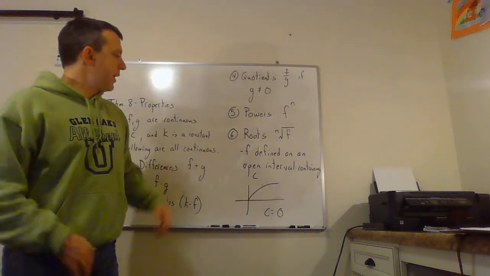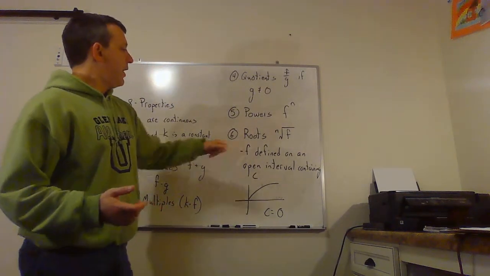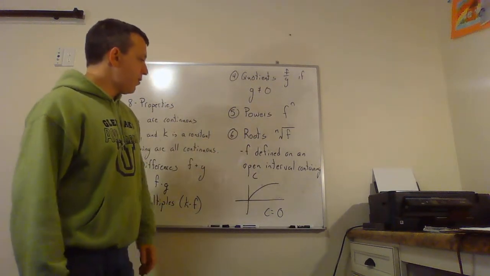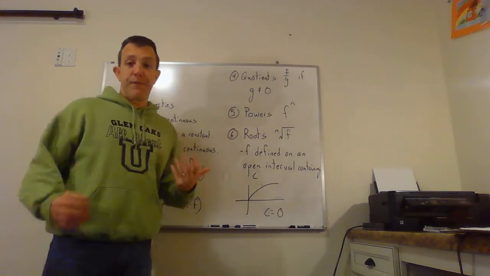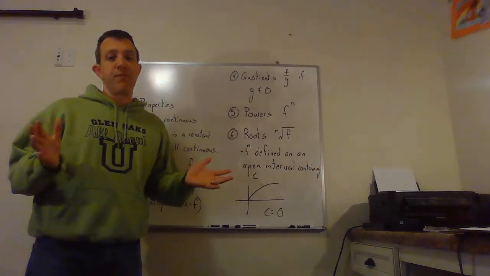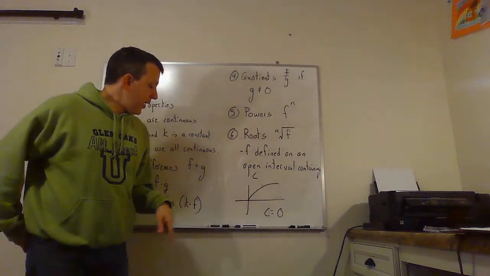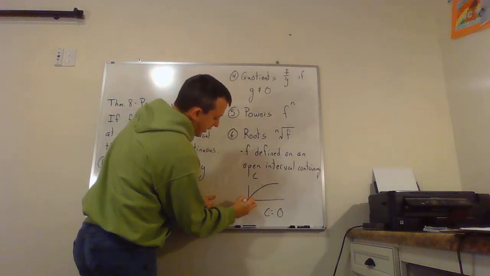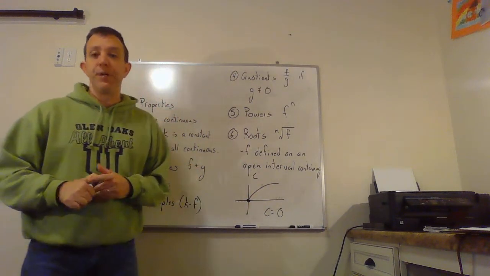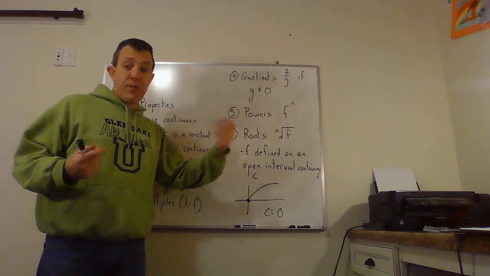And with roots, we have one more little potential hiccup. f has to be defined on an open interval containing c. So here's what I mean. Here's a graph of square root of x. It's just a rough sketch, but here's what we can see. Let's look at c equals 0. We're looking at this point right here, and we want to know if it has continuity there. Well, it doesn't, right? It has one-sided continuity.